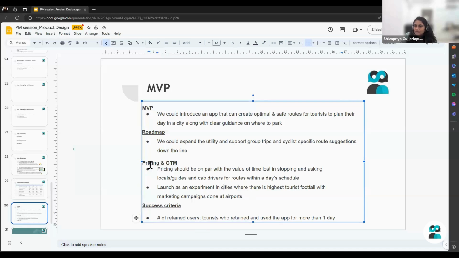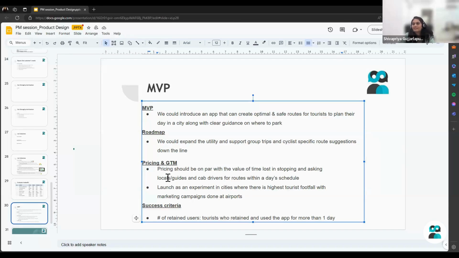I've also included a bit on the pricing and GTM. Pricing, there are multiple strategies. There could be cost-based pricing, there could be value-based pricing. In this scenario, I went with value-based pricing, where pricing should be on par with the value of time lost in stopping and asking local guides.